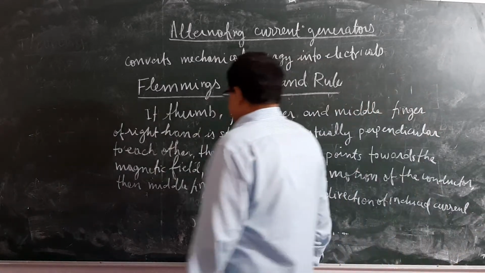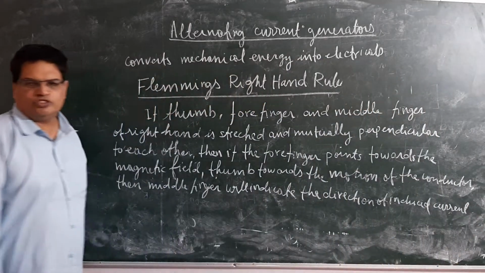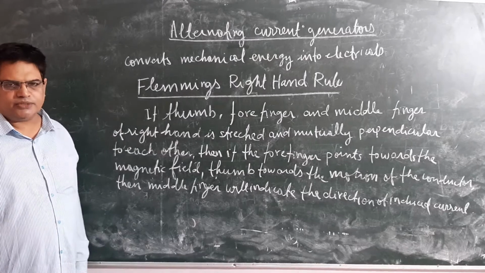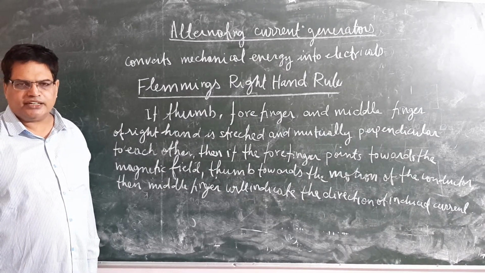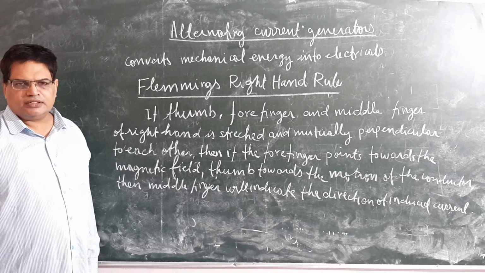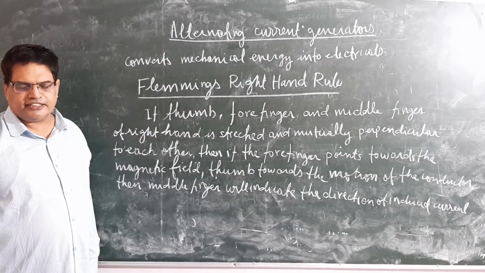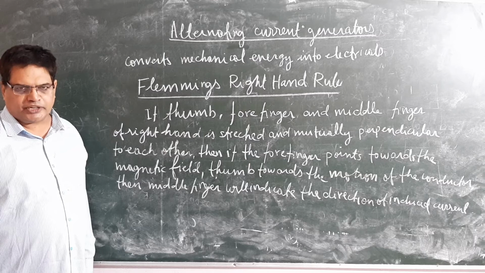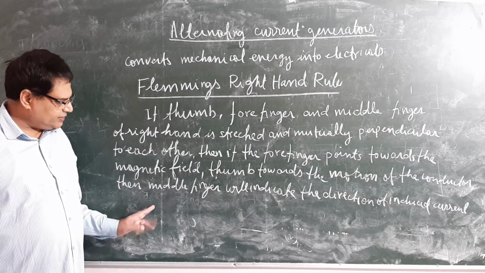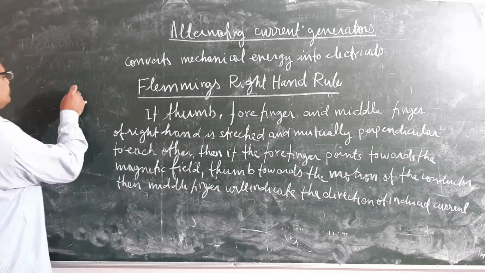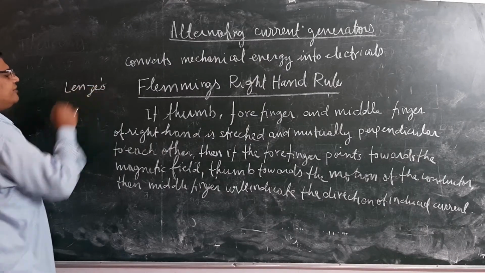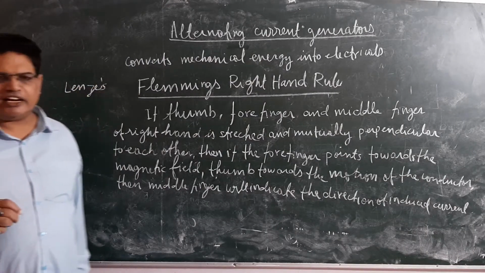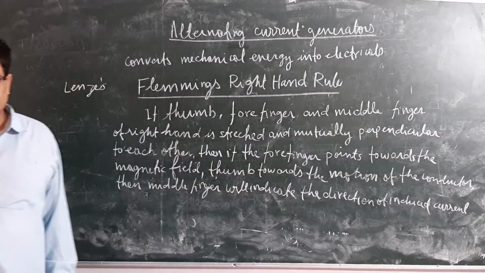This is in accordance with Lenz's law. You might have already read about Lenz's law. That is, the direction of the induced current is always in such a direction that it opposes the cause producing it. So this is in accordance with Lenz's law. This you have already read in the chapter on electromagnetic induction.